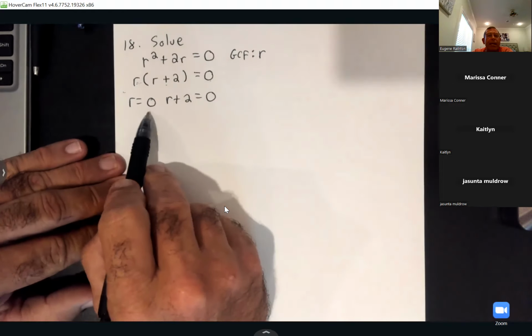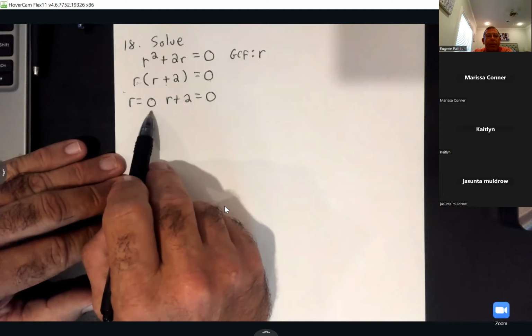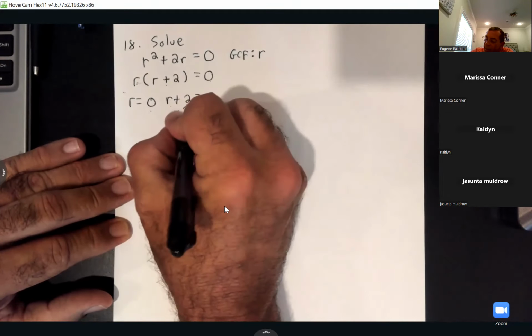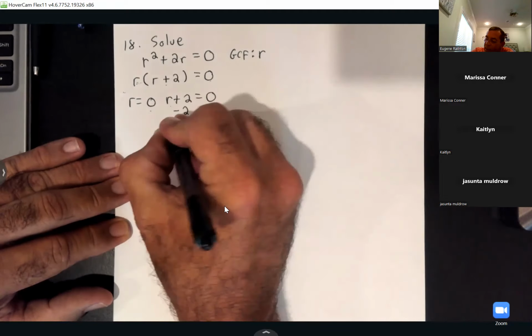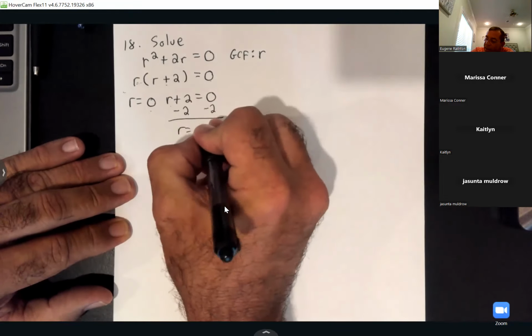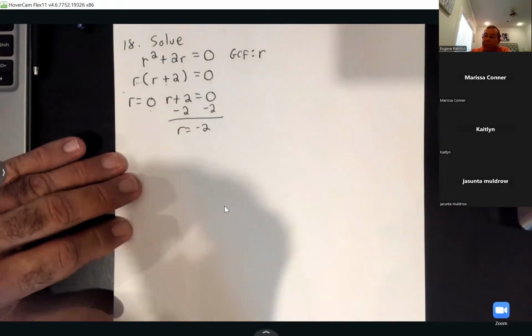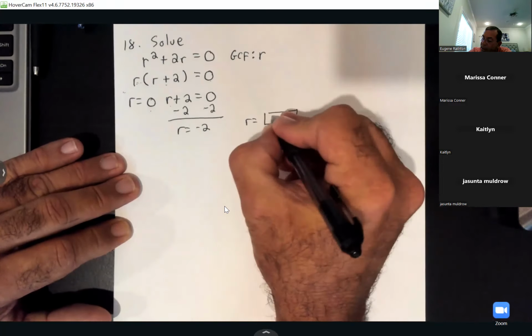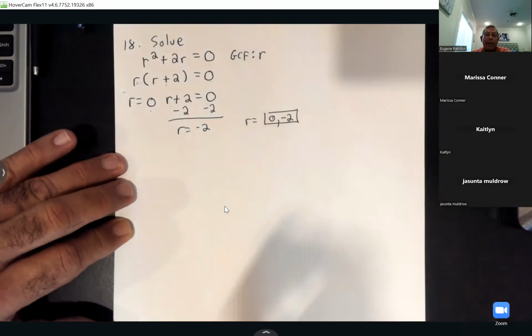So look here, the GCF always gives you a 0 for its answer. The other factor you got to actually solve by subtracting 2. And I get r equals -2. So remember, in MATLAB, you got to put both of these answers, 0, comma, -2.